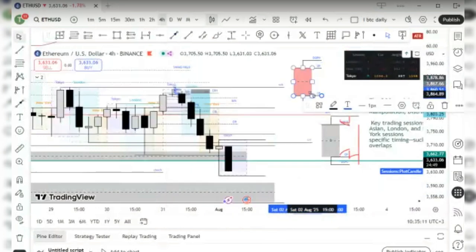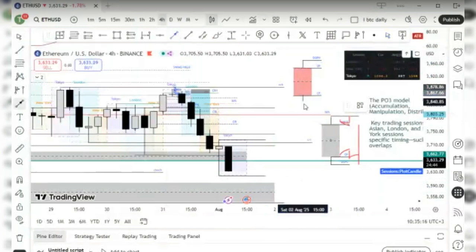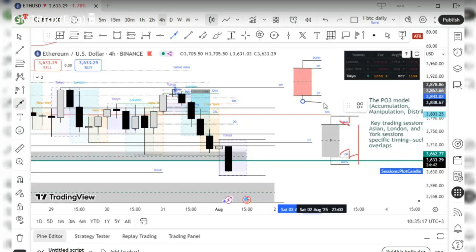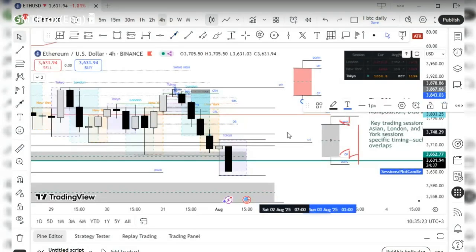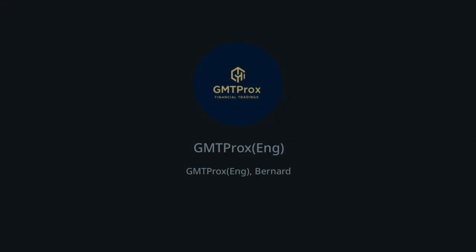Now, before we close the price, it moved a little bit lower to create a low. So we have our daily close price low.